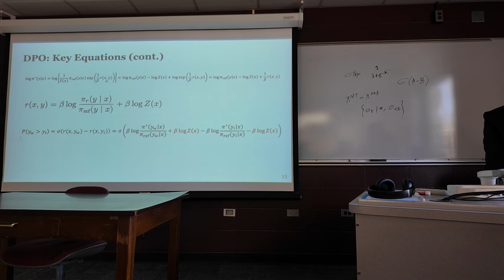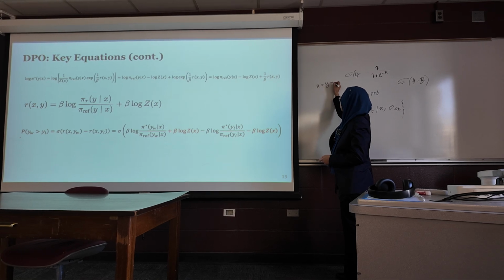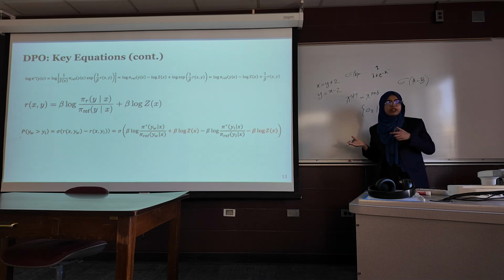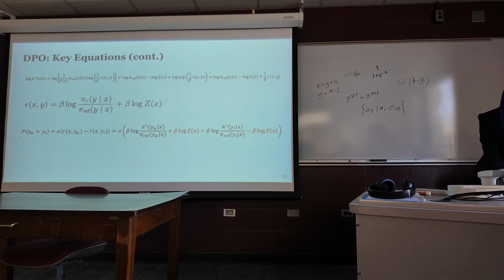Then this one is again multiplication, so this one is again plus. This log and exponential kind of eliminate each other, and the whole function becomes like this. Now, we have seen this kind of reformulation in our childhood, right? If you have this, you can write it like this, right? You just put everything on the other side of the equal sign. So that's what they did. They keep the reward score function and put everything on the other side of the equal sign, and that's how the closed form equation becomes this equation.